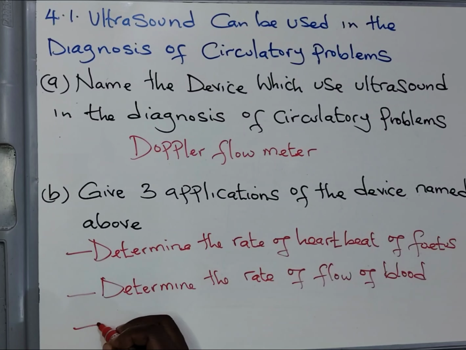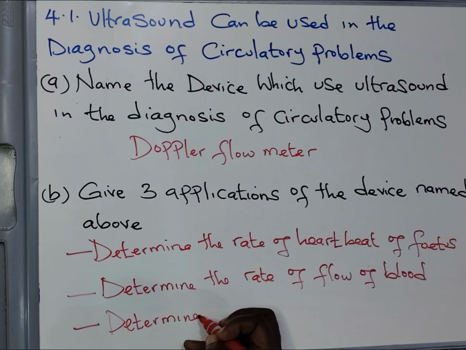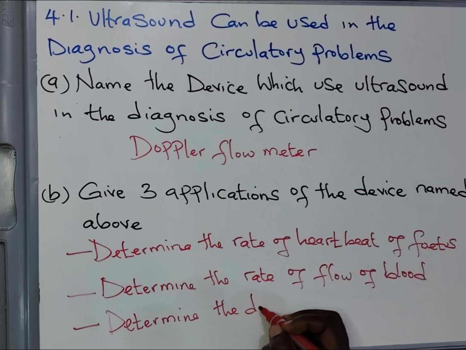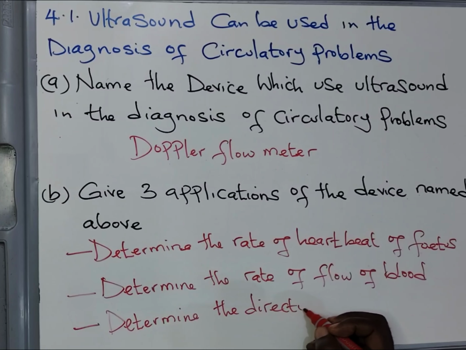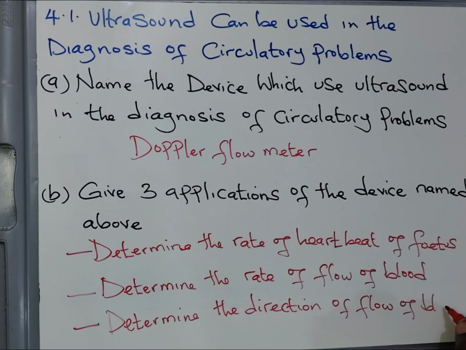Okay, the third one is to determine the direction of flow of blood. So those are the 3 applications of Doppler flow meter.